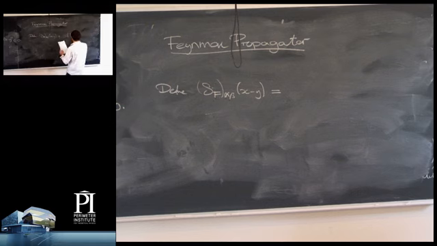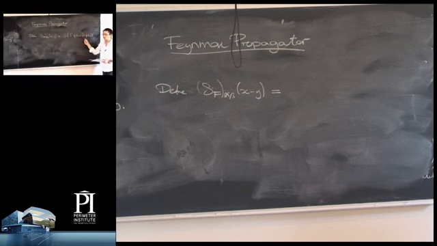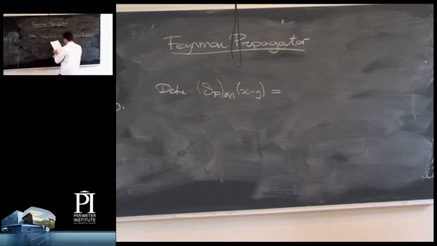OK, I'm going to define the Feynman propagator to be the time-ordered product of psi and psi dagger. And there's a small subtlety in what I mean by time ordering, and the subtlety is a minus sign.